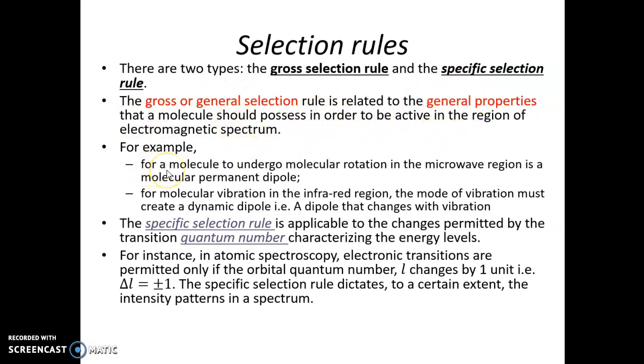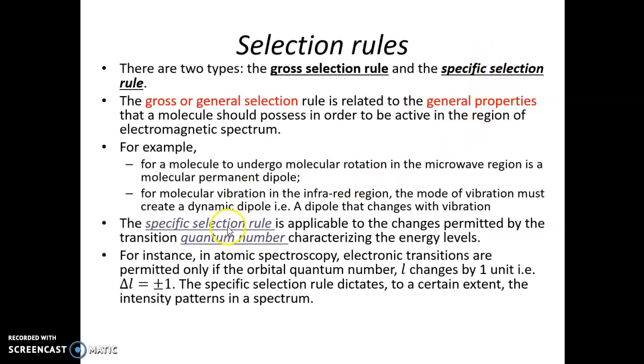For example, like I just mentioned, for a molecule to undergo rotation in the microwave region, the molecule must have a permanent dipole, which means the molecule must be polar. For molecular vibration in the infrared region, the molecule has to change its dipole moment with vibration. If it's rotation with Raman, the molecule does not have to be polar.